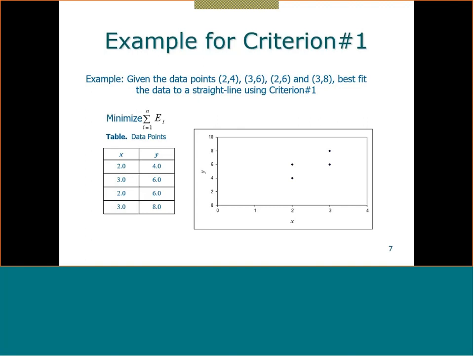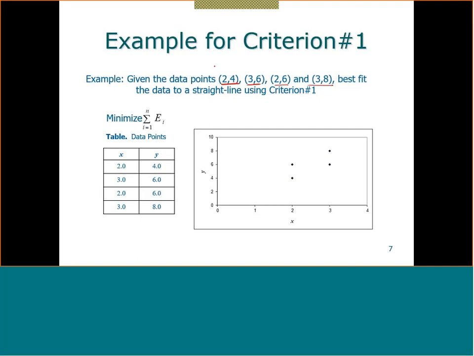So very simple model. I have 4 points, and I want to fit a model based on the criteria that the summation of the error, which is the distance between my fit line and these points, is minimized. Now, when we say minimize, it means that there should be only one unique solution.